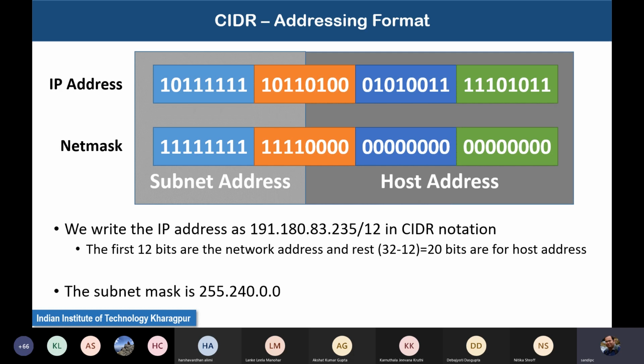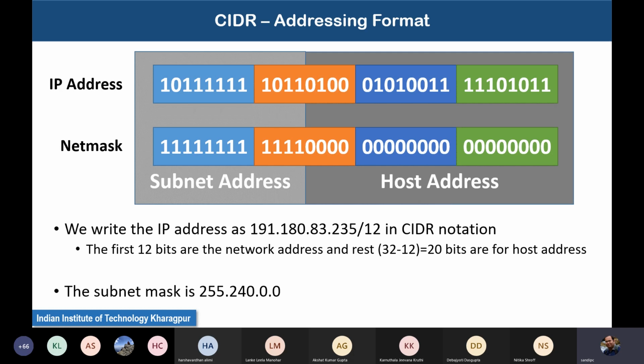So rather than making it a 16-bit network, I am making it a 12-bit network. Accordingly I will define my net mask or subnet mask so that the first 12 bits of the subnet mask will be all ones, and the remaining 32 minus 12, that means 20 bits, will be zeros.